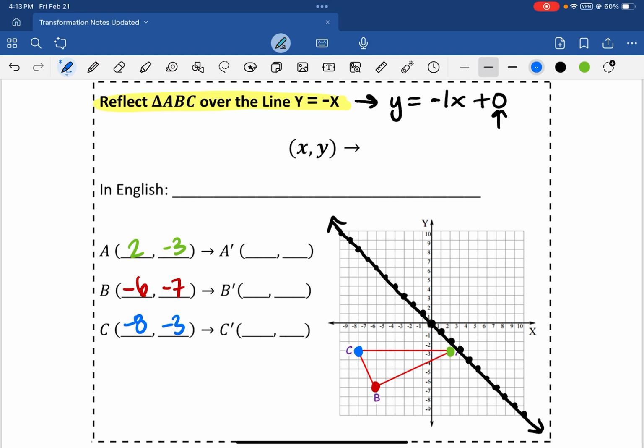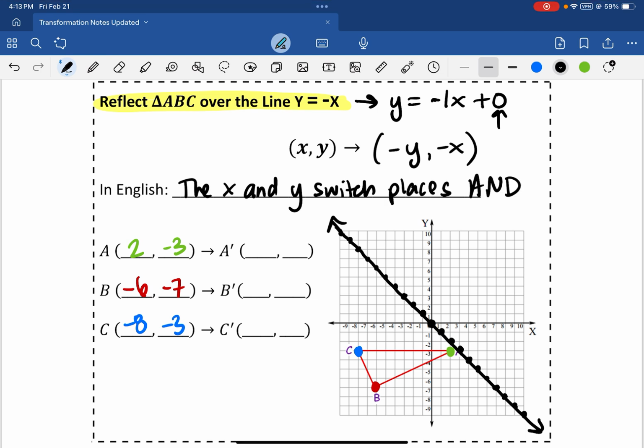We have our normal (x, y), and then we can flip our x and our y and change the signs. So let's write that in English, okay? The x and y switch places, and change to the opposite signs.